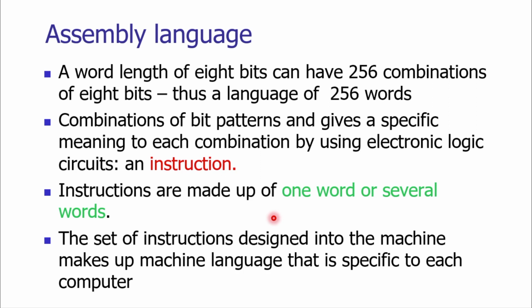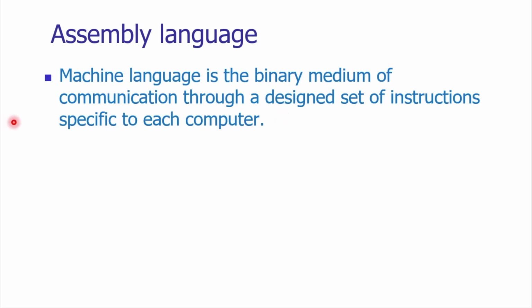That is called the machine language of that hardware. We can define machine language as the binary medium of communication through a designed set of instructions specific to each computer.